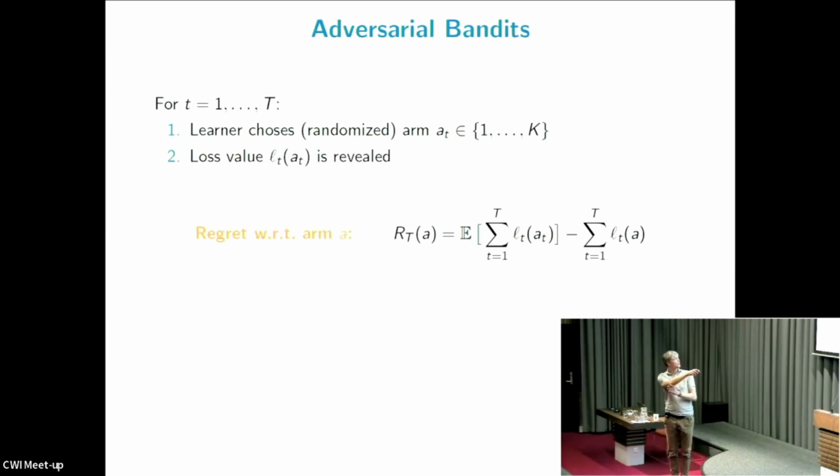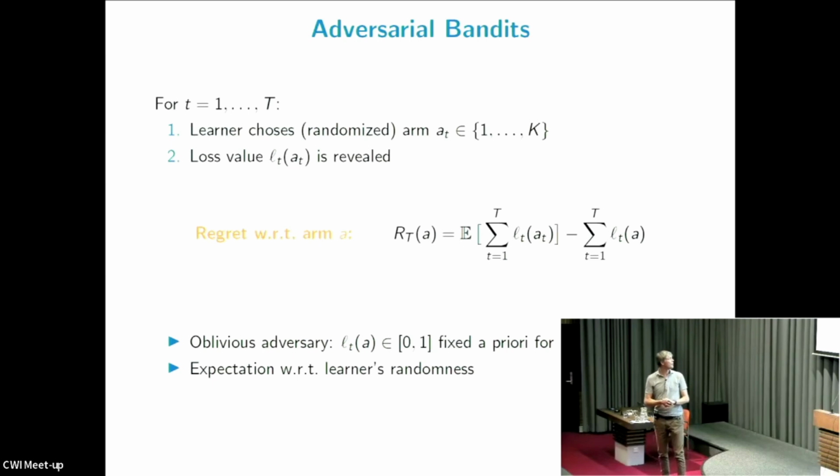The object of interest is the regret with respect to an arbitrary arm A, which is the expected cumulative loss of the learner minus the cumulative loss of that arm. The expectation here is over the randomness of the learner, so the learner is allowed to randomize. Throughout the whole talk, I'm thinking of oblivious adversaries and bounded losses.